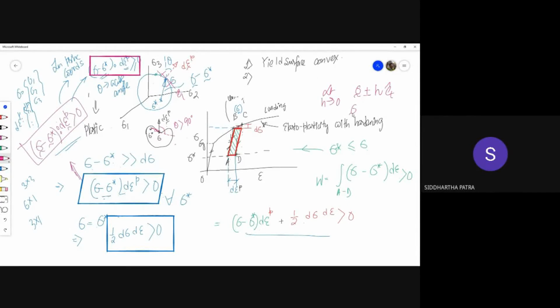Therefore sigma minus sigma star is minus or plus h times et, of course limit h tends to 0.